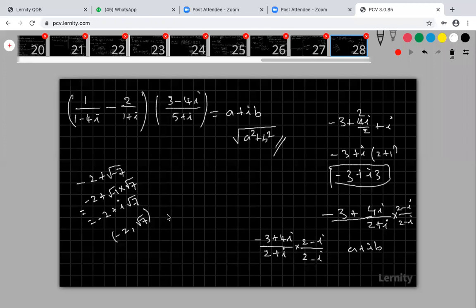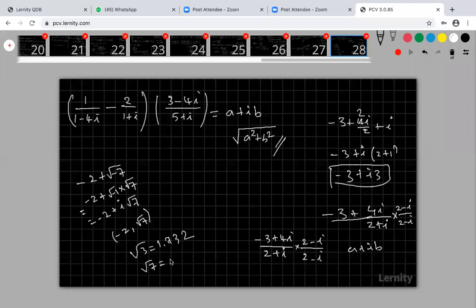Are you okay? Your root of minus 7 can be written as root of minus 1 into root of 7, that's all. What is the square root of 7 value? My root 3 is 1.732. What is my root 7? It may be some 2.6 something.